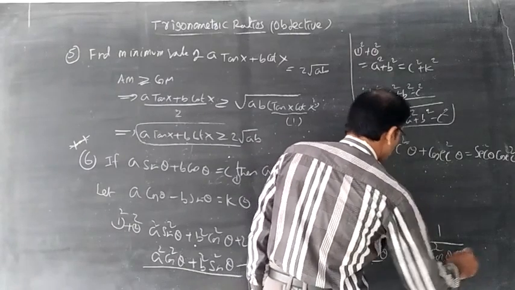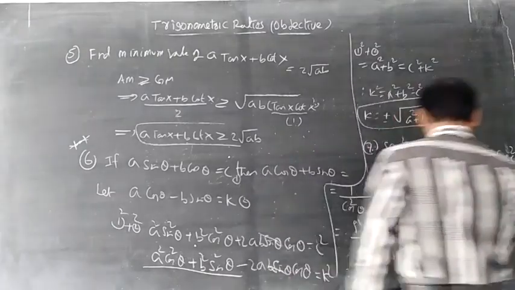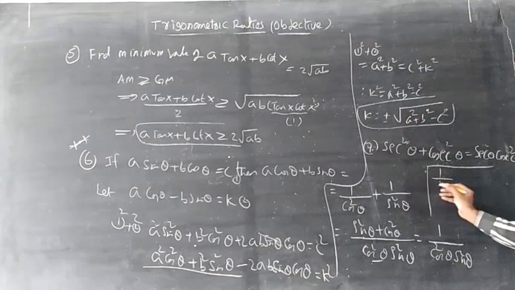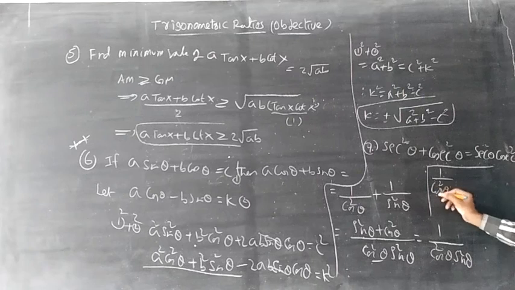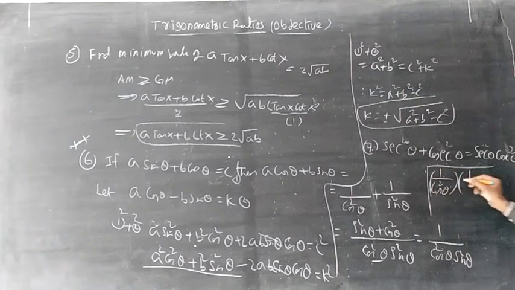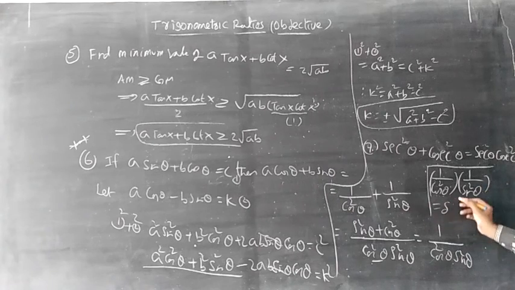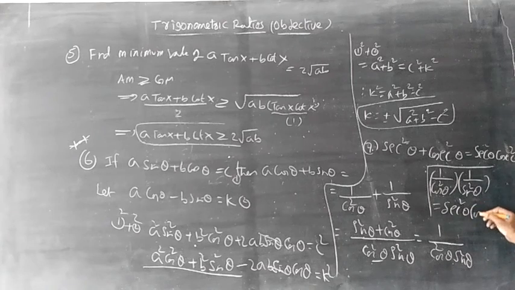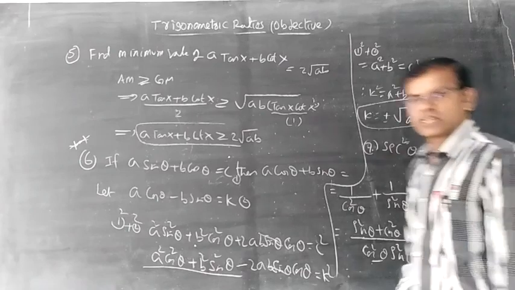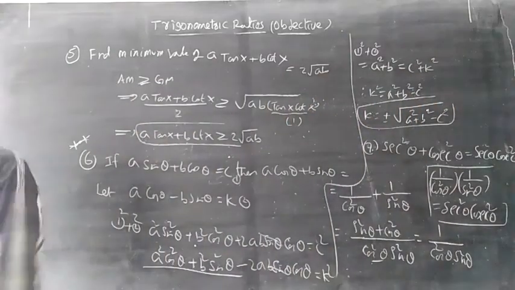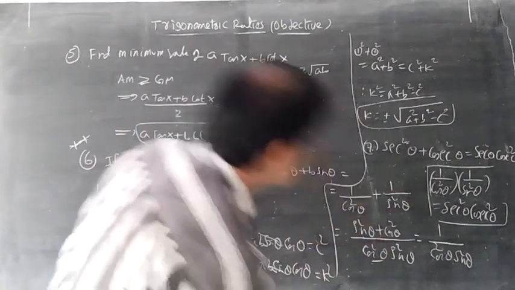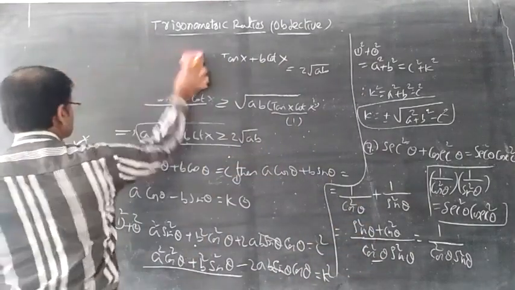So 1 by cos square theta into sin square theta. You can separately write 1 into 1 concept. Write like this: 1 by cos square theta into 1 by sin square theta. 1 by cos square means secant square theta, and 1 by sin square means cosecant square theta. This will be useful in secondary integration also. Most important: secant square theta plus cosecant square theta.